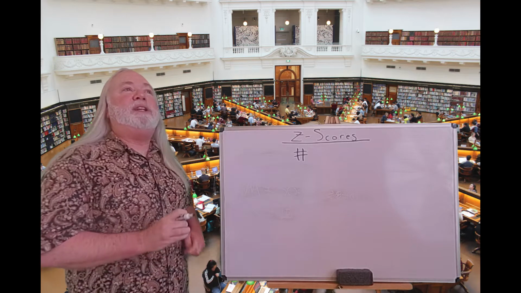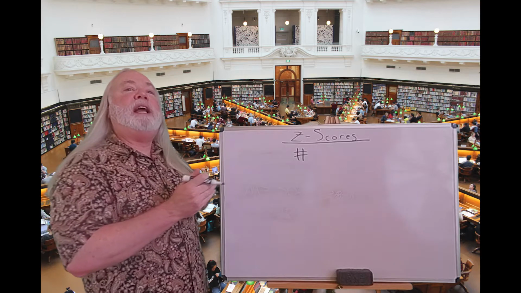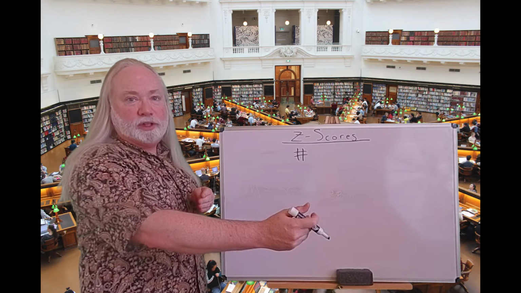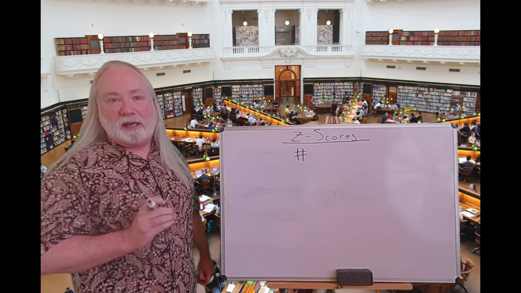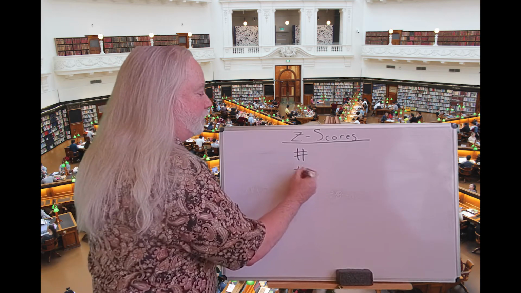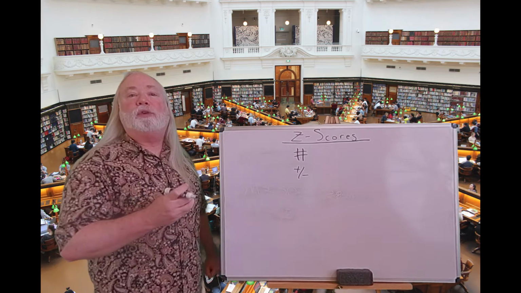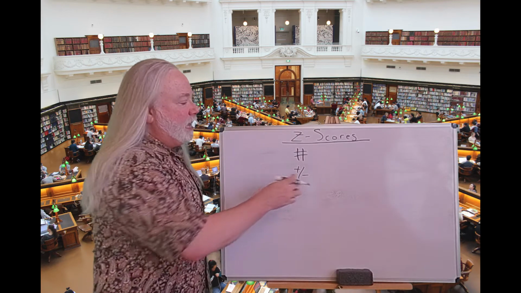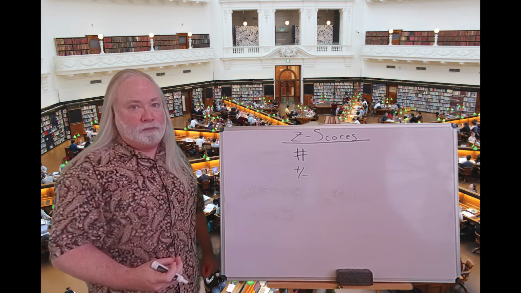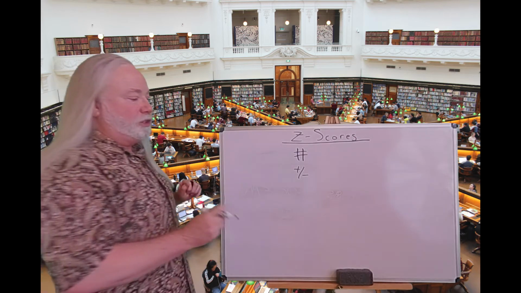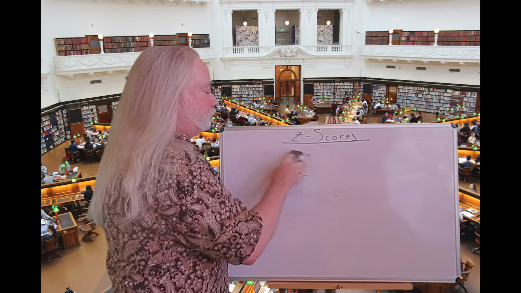So instead of measuring distances in raw score points, we're going to ask how many standard deviations away this score is. And like a deviation score, it can be positive or negative. If it's positive, that tells us the score is located above the mean. If it's negative, the score is located below the mean. So it's very similar to a deviation score, but we're measuring in standard deviations, not in raw score points.